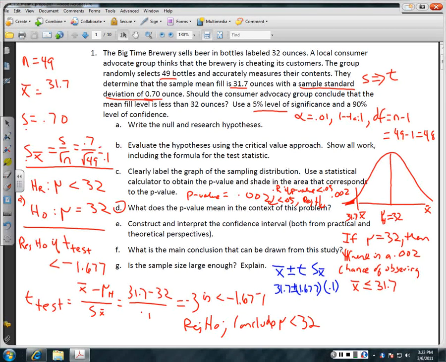And so all we have to do is do a little multiplying and subtracting and adding and all of that. 31.7 minus 1.677 times 0.1. That's 31.53 about. And then do the same thing, except for this time add. And I got 31.87.